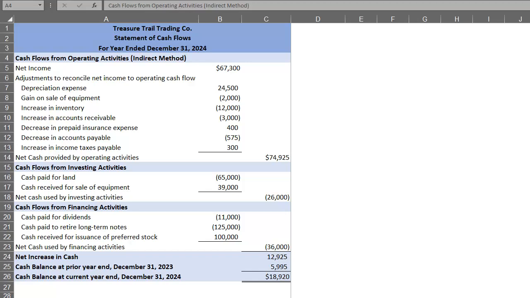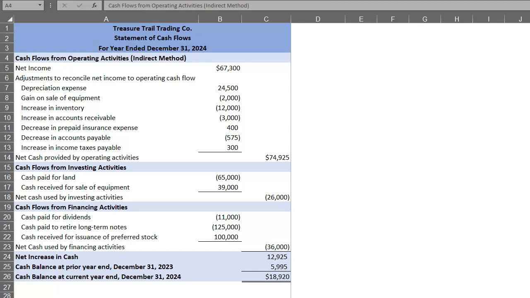I mentioned the indirect method. So the indirect method is a way of calculating the cash flows from operating activities. It starts with the net income and adjusts for non-cash items and changes in working capital to show cash flows from operating activities.